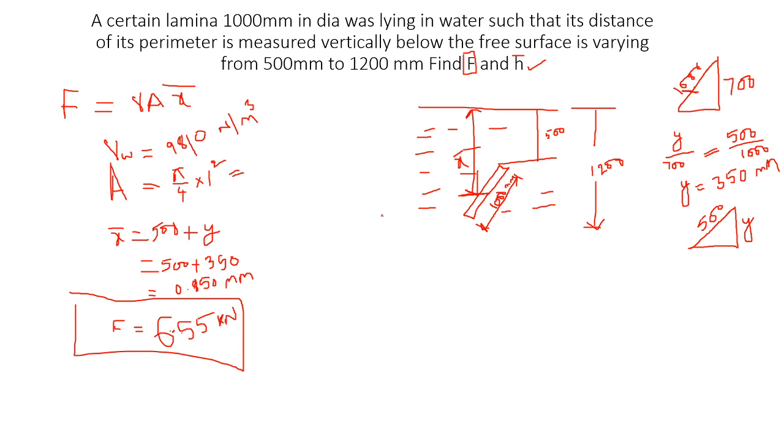For an inclined object, the formula, you know very well, H bar is equal to X bar plus Ig sin square theta divided by A X bar.